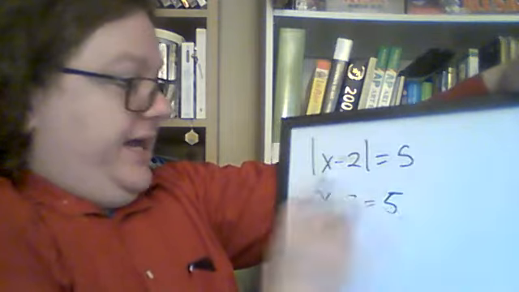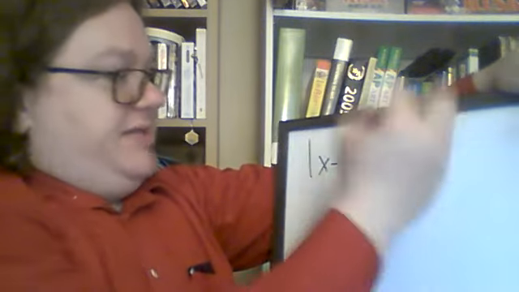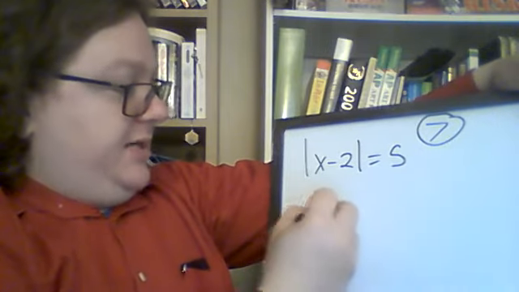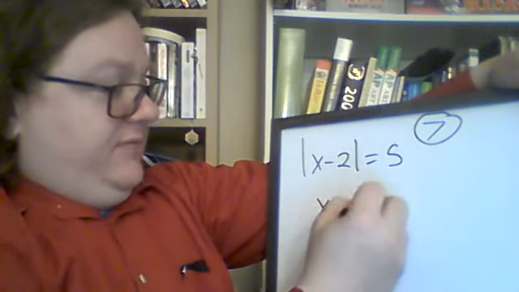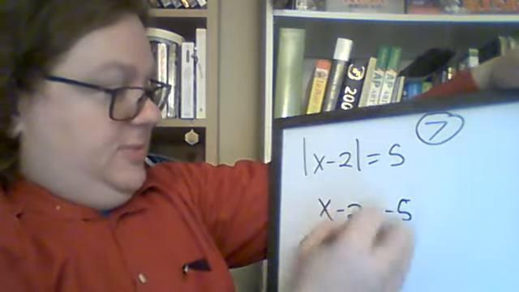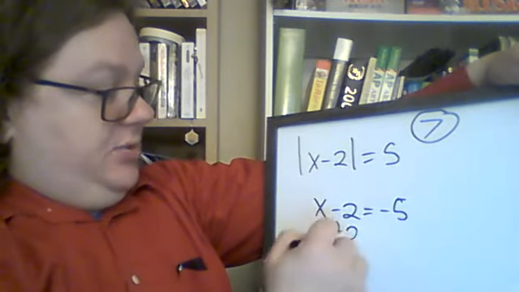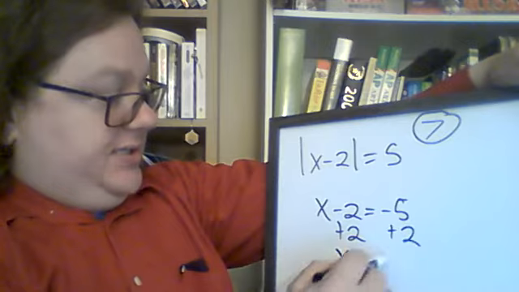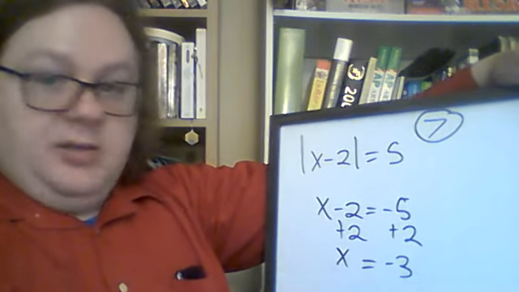Now if I get rid of that, put the 7 up in the corner. It's a happy little 7 playing around in the corner. Now we go back to x minus 2 equals negative 5. We add 2, and x equals negative 3.